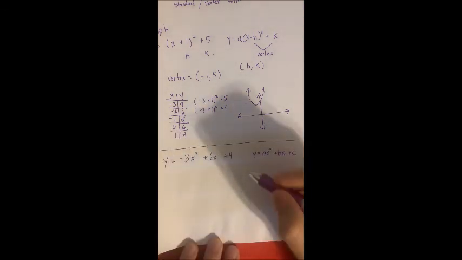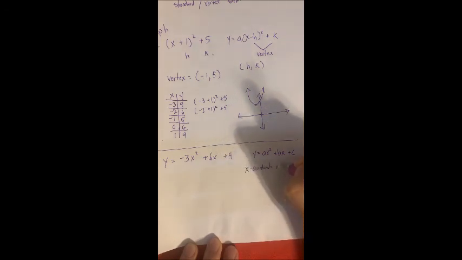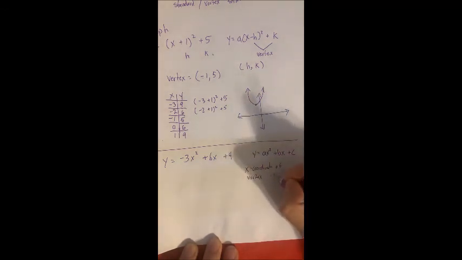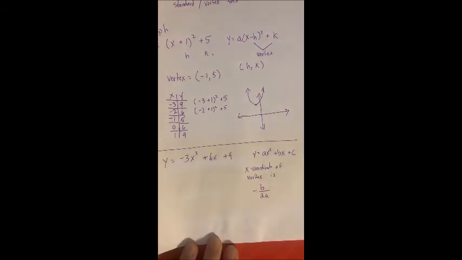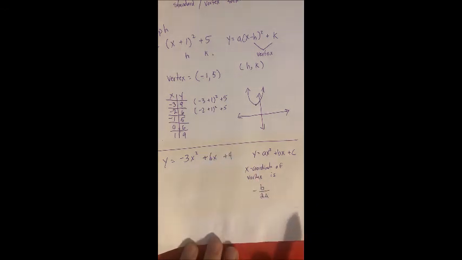So the x coordinate of the vertex is going to be negative b over 2a. That is, the negative b value over 2 times the a value. That's how we find the middle point of our table here.